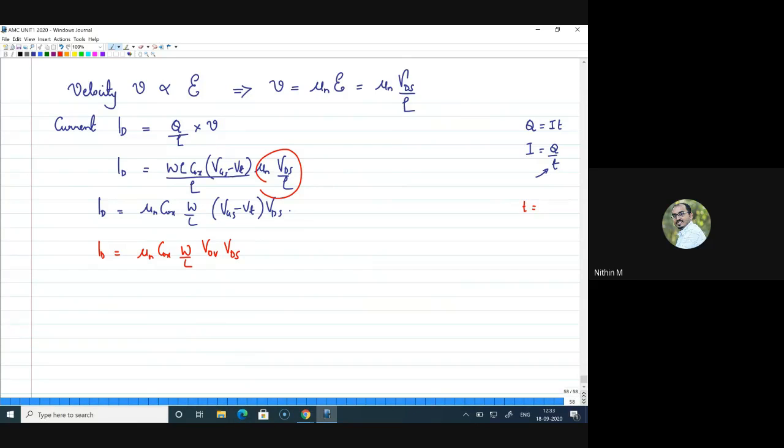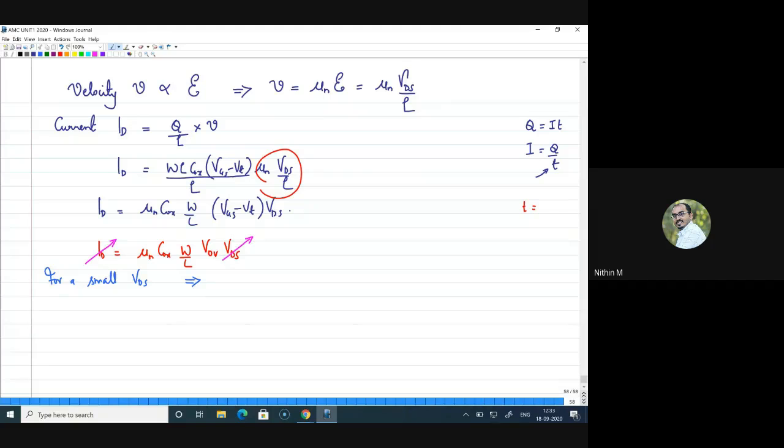Now, what I am assuming here is VDS is small. So what is happening here, if I look at the current equation, as you vary VDS, you will actually get a variation in current, right?